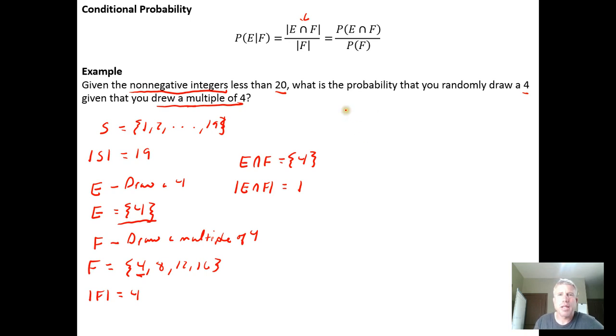So we can say, I want to calculate the probability of E happening, the probability that I draw 4, given that F has already happened. In other words, I've drawn a multiple of 4.